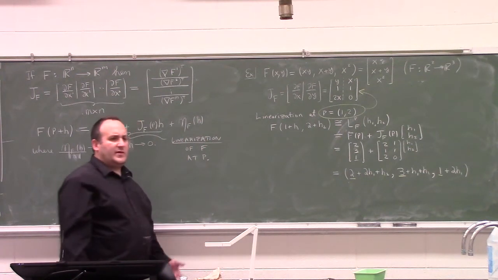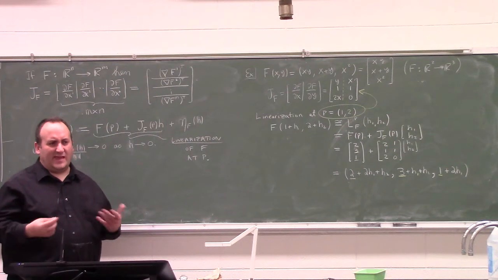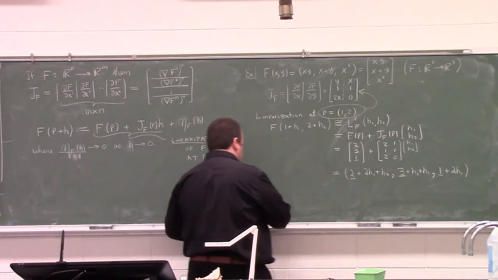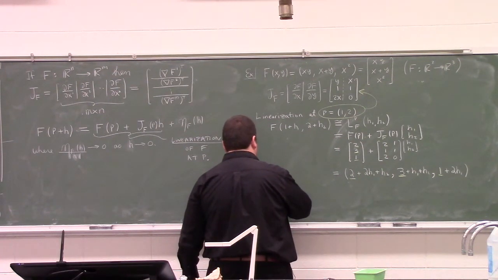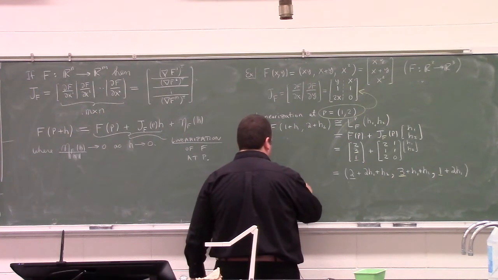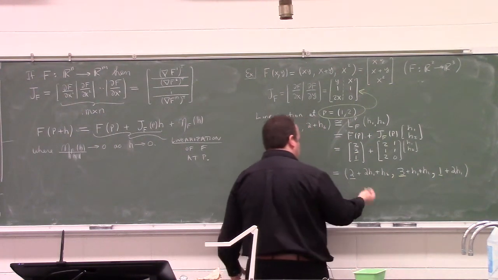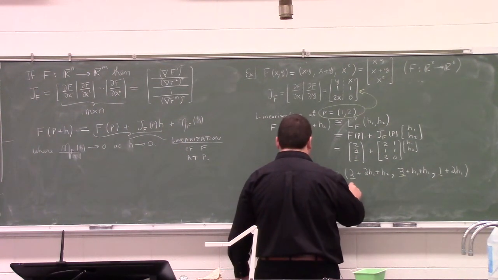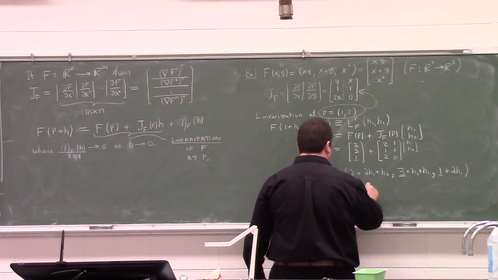Now, you guys remember in Calc 1, we either use the h formalism or the x minus a formalism, right? So another way you could do this would be to talk about the linearization of f at p at x, y. And if you did that, h1 and h2 are replaced with what? h1 is x minus 1, and h2 would be y minus 2.